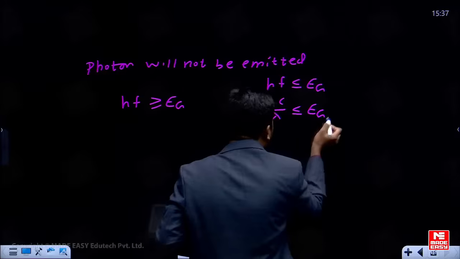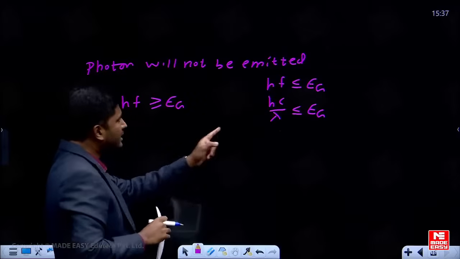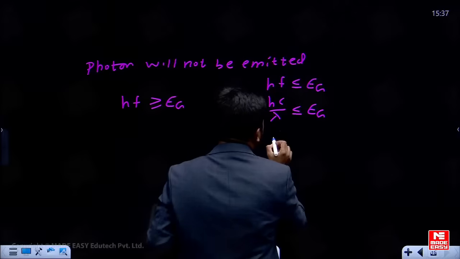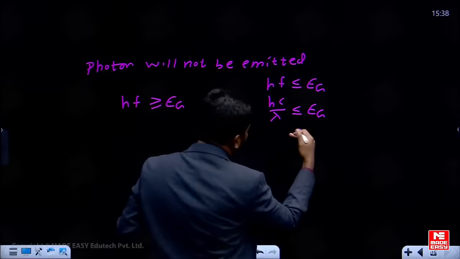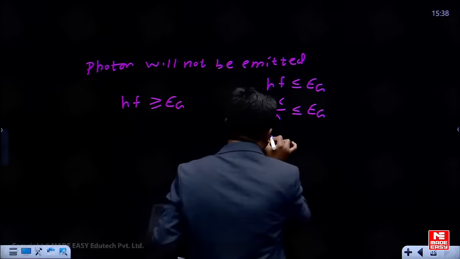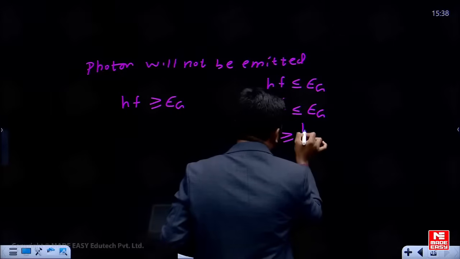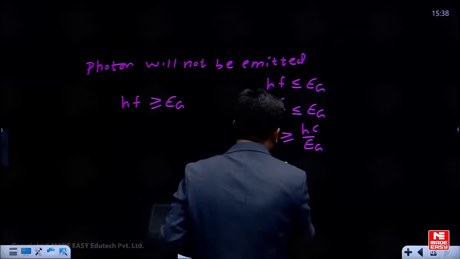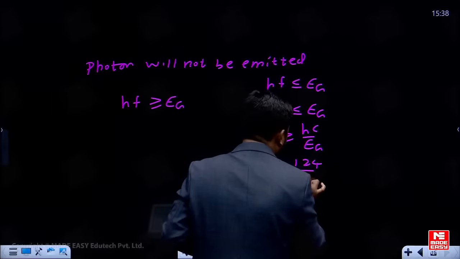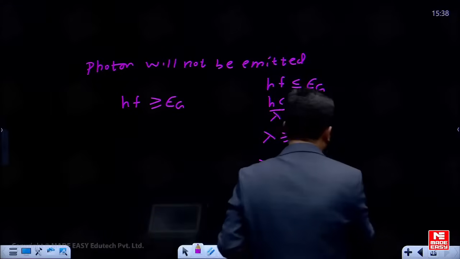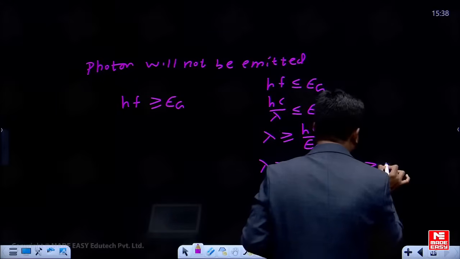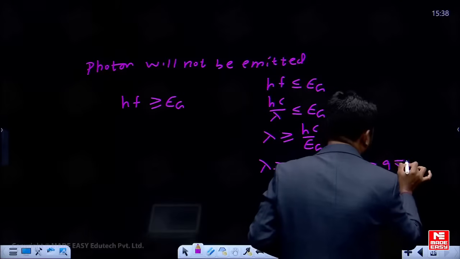If you rearrange this, it will become lambda greater than or equal to hc by Eg. If you calculate, it will become lambda greater than or equal to 1.24 by Eg, and Eg was given as 1.3, so the condition will be lambda greater than or equal to 950 nanometer.